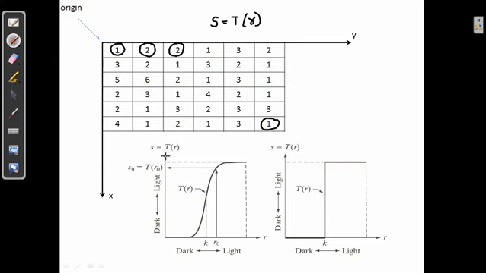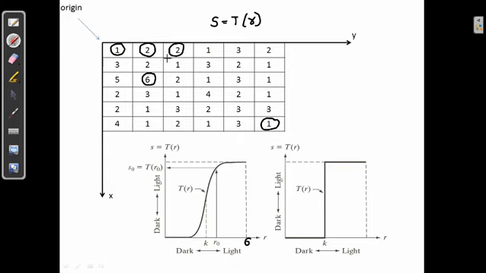If you look over here, this is a graph which is used to convert dark level values into darkest and lighter values into brightest. If you carefully look, what is the maximum intensity value in this figure? 6 is the maximum. This is the R axis, meaning these are the pixels. So the highest value is 6.